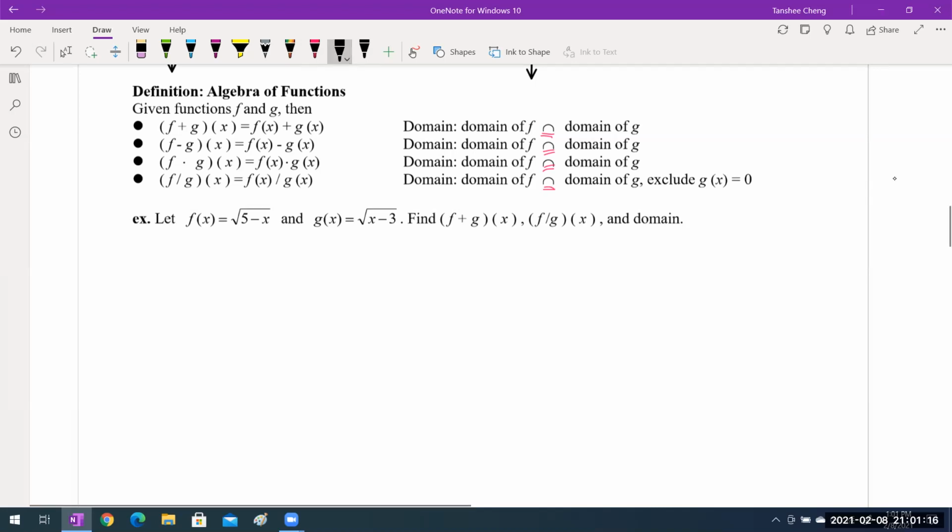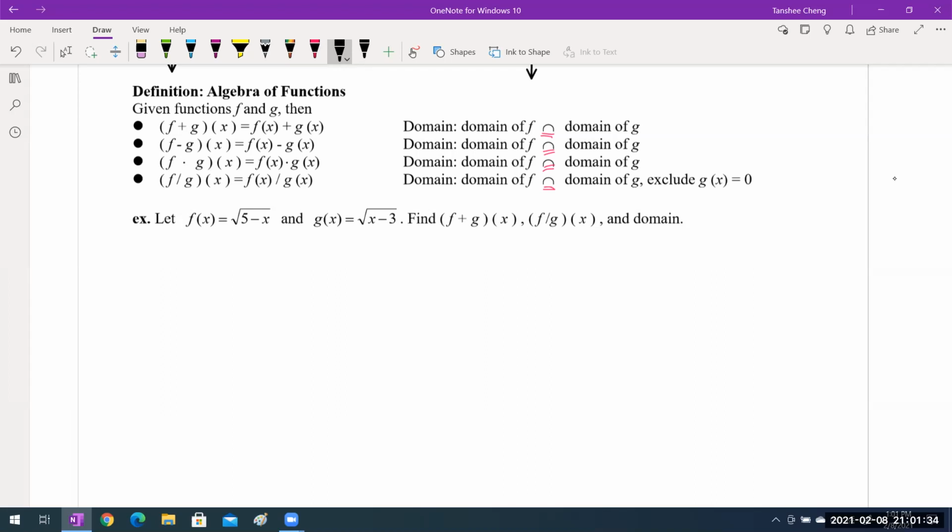So let's take a look at the first example. It's given to you that f of x is the square root of 5 minus x, g of x is the square root of x minus 3, and we want to find out additions and then divisions and their domains.